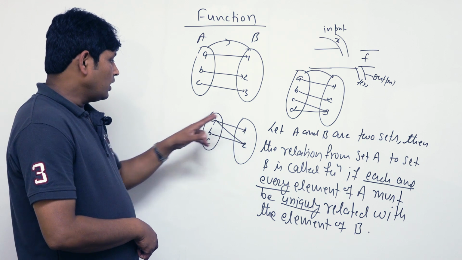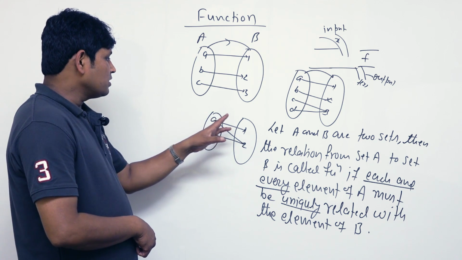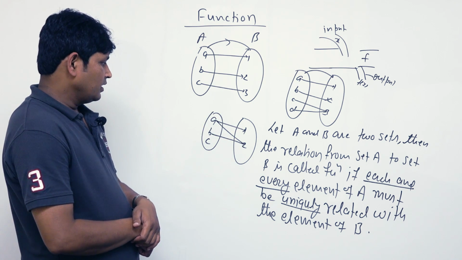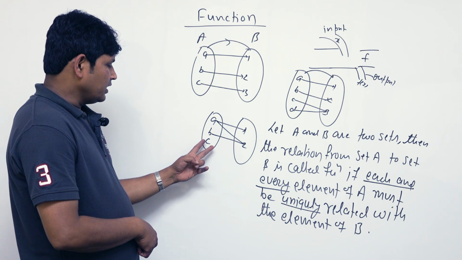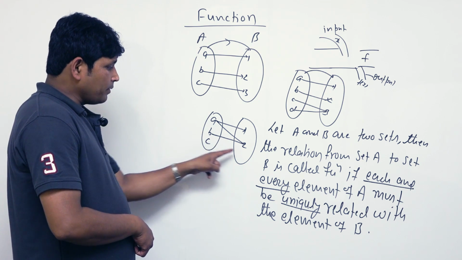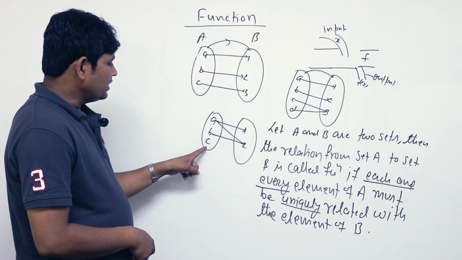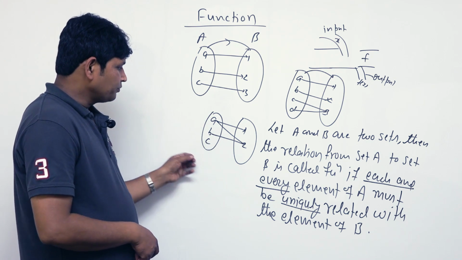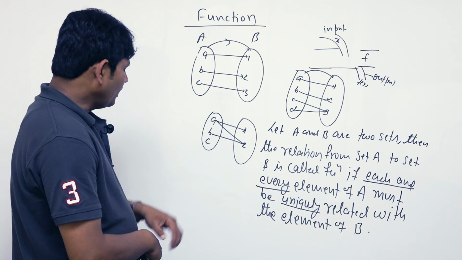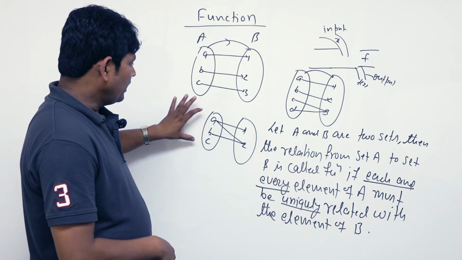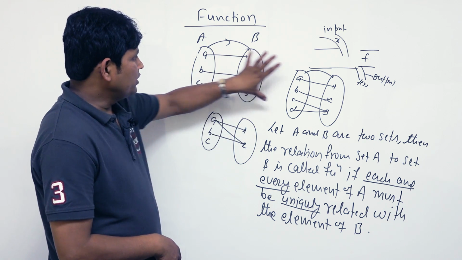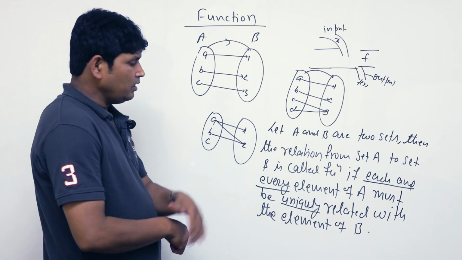B is related with 2, but A is not uniquely related. Two things are not matching here. Every element should have a relation, so C does not have a relation here. That is why this is not a function. These two are functions, but this is not a function.